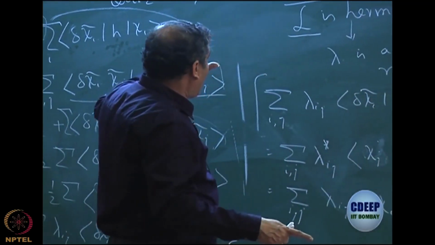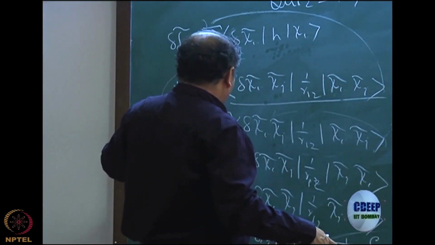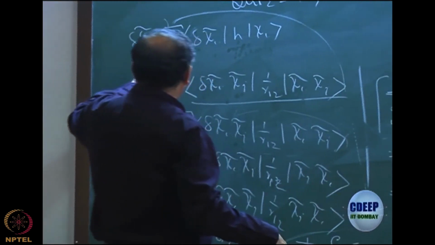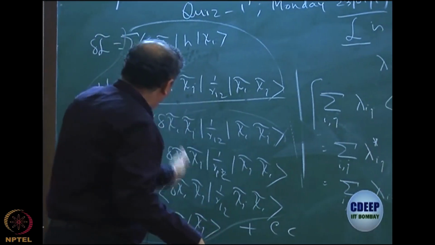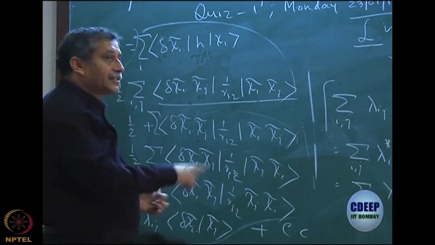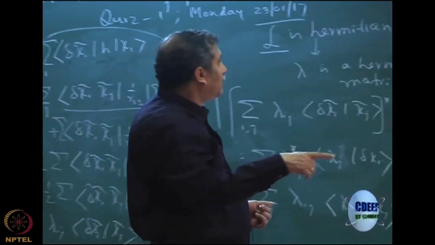Then we are using a sufficiency condition that for each i within the summation over i, all the terms for each i are equal to 0. And what is the other sufficiency condition that we mentioned just now?